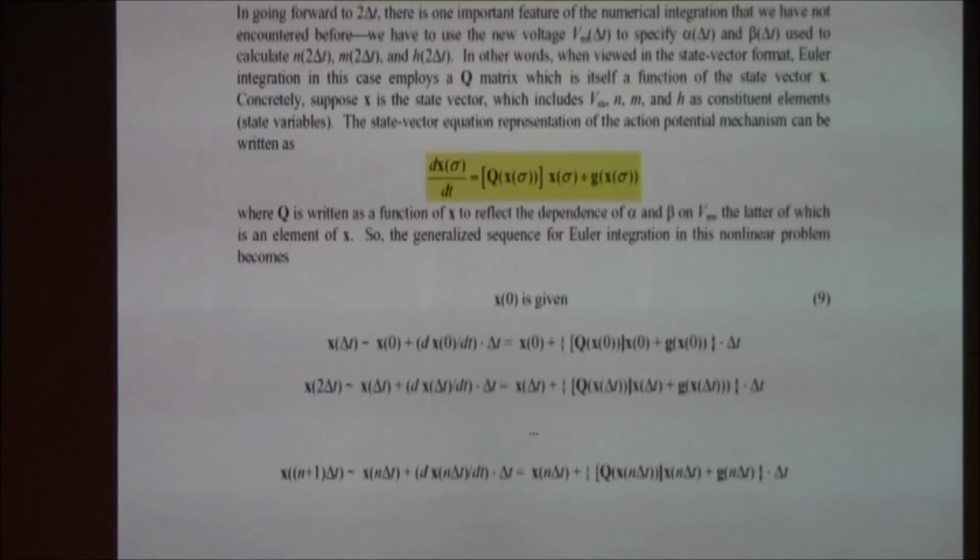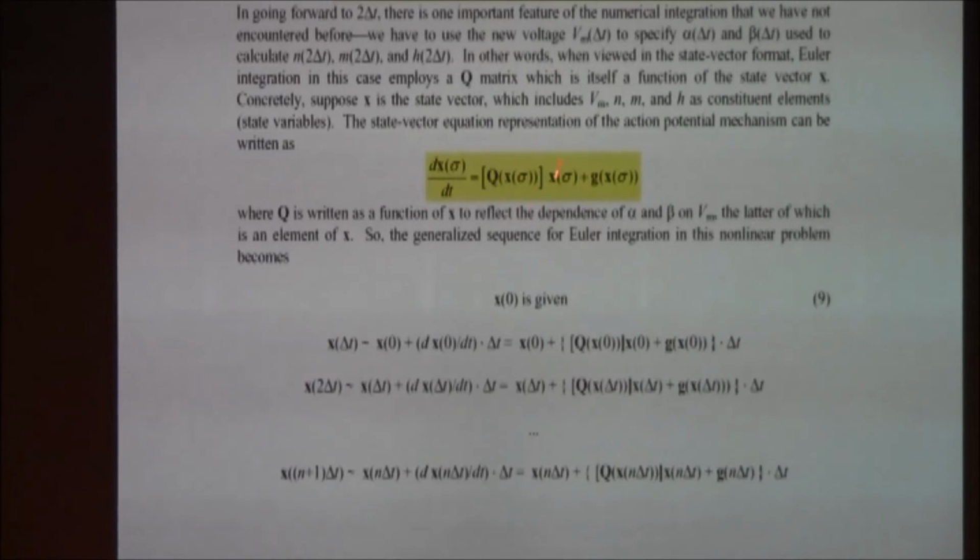So if I put it into vector form, all these state variables, dx/dt is equal to Qx plus gx. So this is a slightly different form, but not very different. Notice that the Q matrix, the rate constants, are a function of the value of some of the members of the state vector, namely voltage.